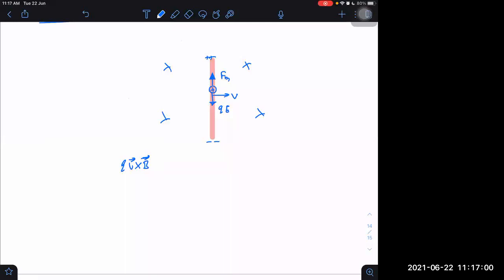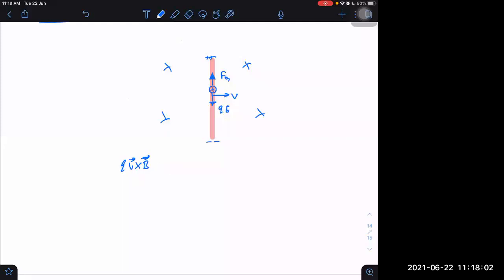VB only, because we have done this before also. It is the Hall effect. So qv cross B, magnitude-wise, is equal to qE.